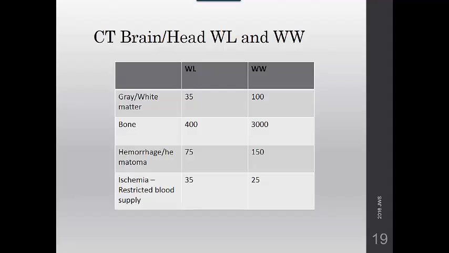The table on this slide shows us that when viewing the gray or the white matter of the brain, a window level of 35 and a window width of 100 is optimal, whereas if the technologist wants to evaluate the bone, a window level of 400 and a window width of 3,000 is optimal, and so on. The window width and window level are subjective and are not set in stone, but most protocols already have these options built into them as well.